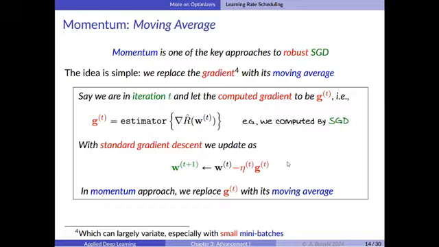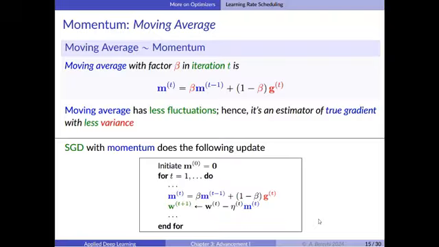In gradient descent that we had before, we used w_{t+1} equal to w_t minus the learning rate times g of t, but we don't want to use g of t. We want to use the moving average because maybe it's more stable.